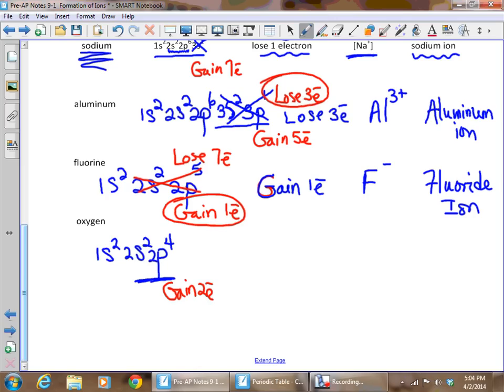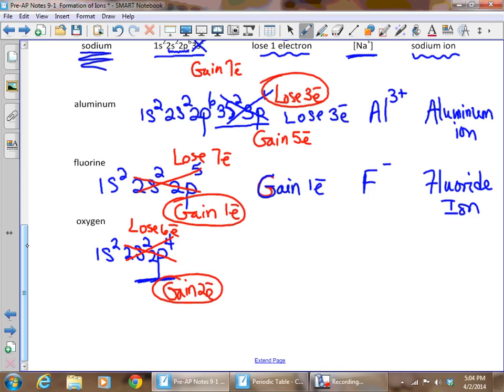Or we could get rid of the entire second energy level, that 2s2, 2p4, but to do that we would need to lose 6 electrons. Which one is it going to choose? Again, yes, the least number of electrons involved.